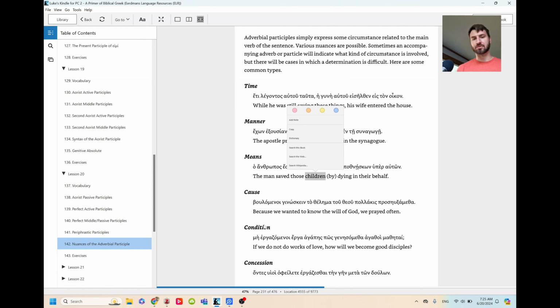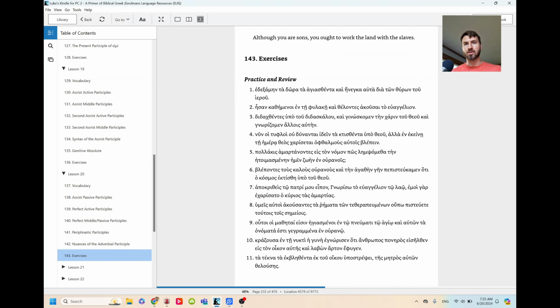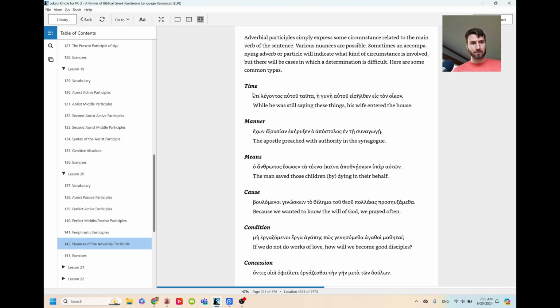And so we can go throughout the causal being like because, condition, like we would translate as an if then often. And then concession we would translate with a though, an although, or a yet, or something like that. But why I'm emphasizing this is you can often just translate it as you often would participles, just like with the verb plus ing.